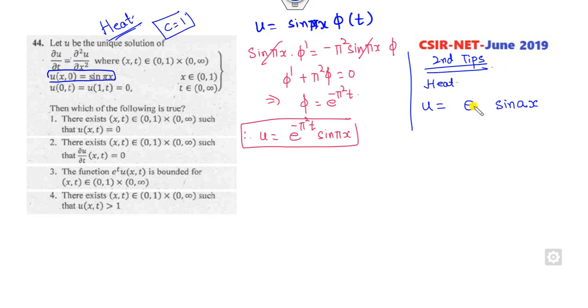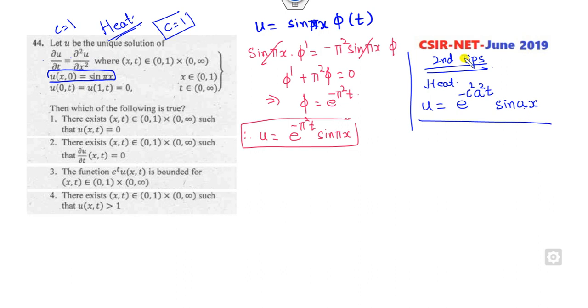The solution is always e raised to power minus a square t if c is equal to 1. Otherwise you can simply write it as a, so in this case c is 1.